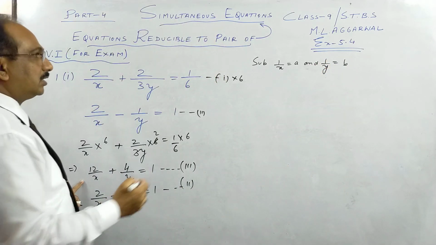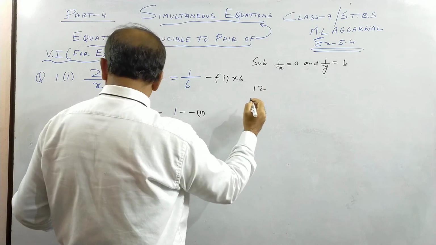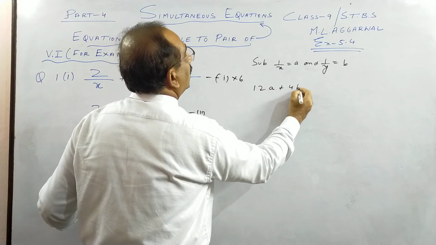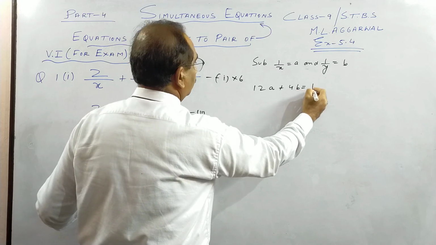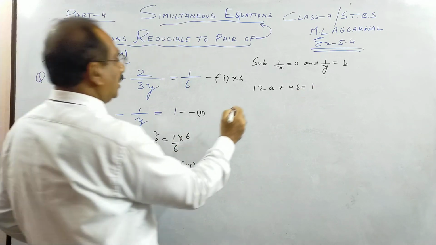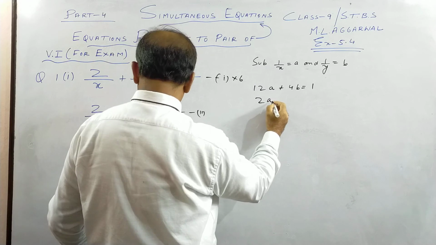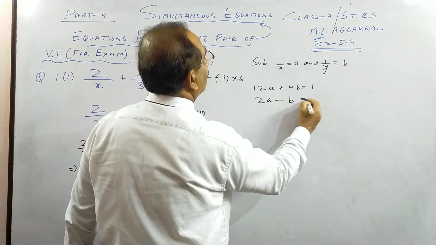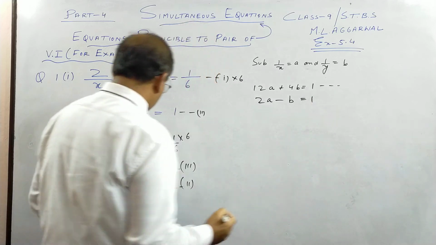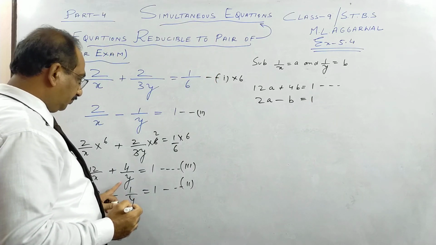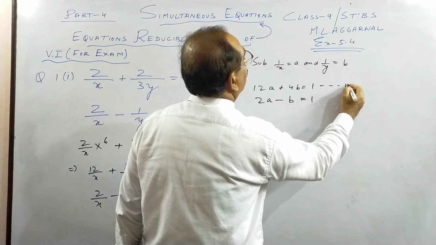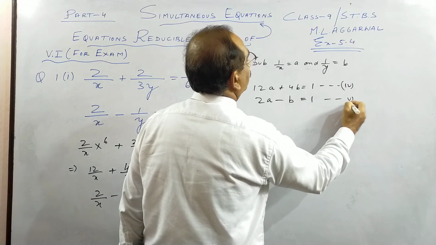So what do we get, children? This gives you 12a plus 4b is equal to 1. And second, you get 2a minus b is equal to 1. Suppose this is 2 and 3, then these become equations 4 and 5.